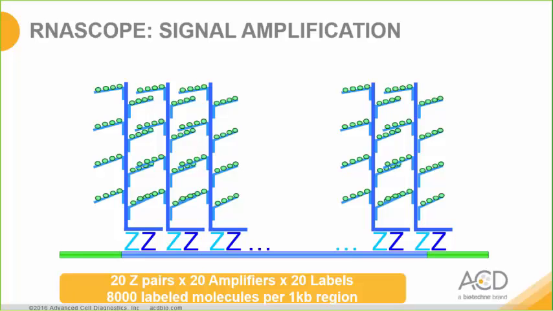Finally, labeled probes containing fluorescent molecule or chromogenic enzyme bind to the numerous binding sites on each amplifier. The result is a Christmas tree of sorts with about 400-fold amplification per double Z probe. Since we have a pool of 20 ZZ pairs each with 20 amplifier molecules which each bind 20 labels, this means that for a 1 kilobase target region, the amplification strategy can recruit up to about 8,000 labeled molecules.